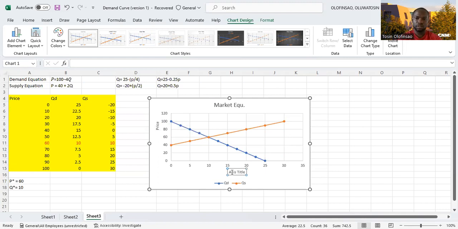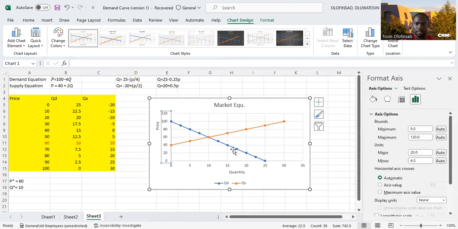And here you have the quantity. Now, as you can see, you have the demand curve and the supply curve, and you have the market equilibrium. If you look at the place where the demand curve and the supply curve intersect at the price of 60 right here, the equilibrium quantity is 10. So we are right.